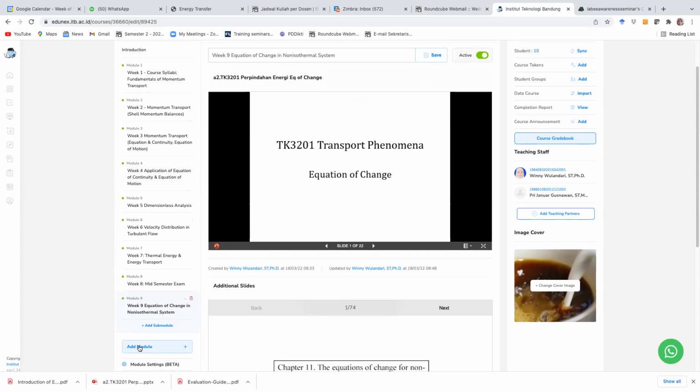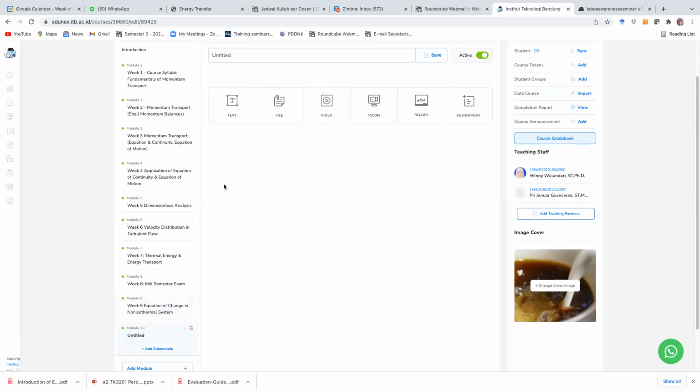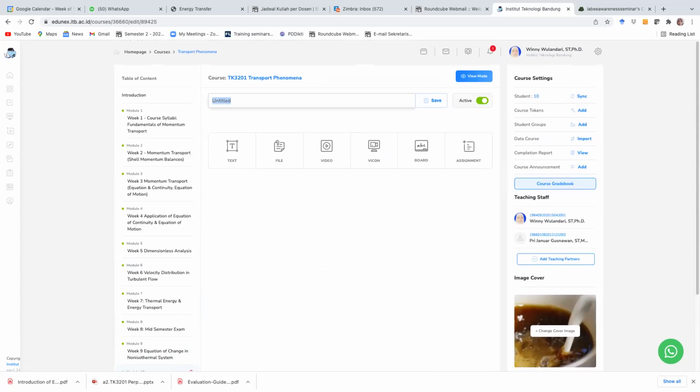Okay, and I think I would like to add for week 10, let me write it here. Pak Anggit will explain to you about Flex PDE. The thing is, usually in more complex heat transfer or heat transport using equation of change for a non-isothermal system, it's very difficult for us to do just on a manual basis.